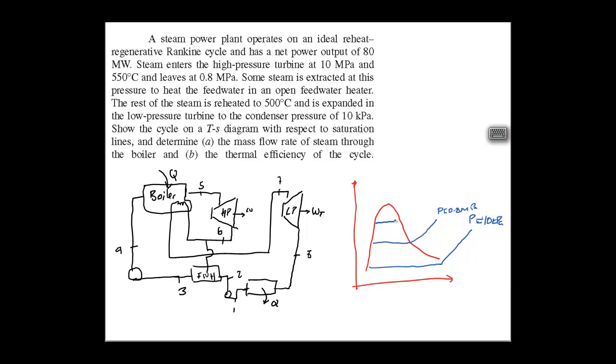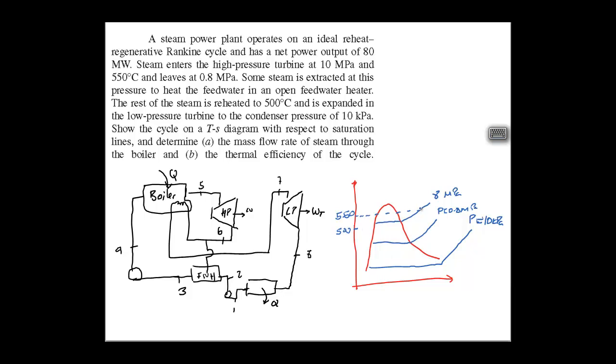This will be our boiler pressure, 10 megapascal. And we have two temperatures: 550, and 500.